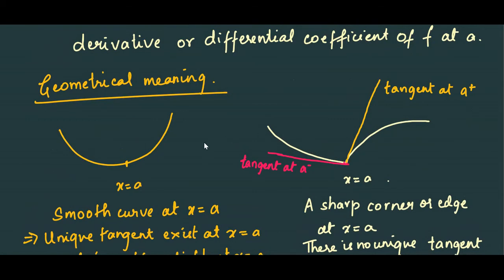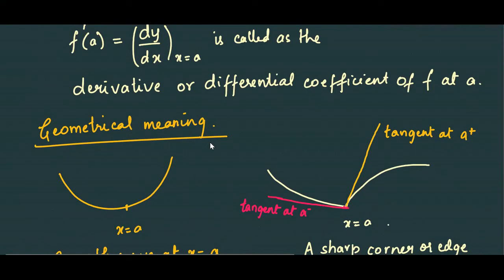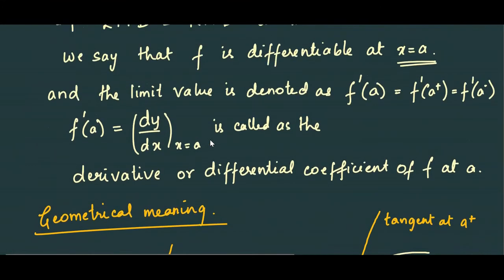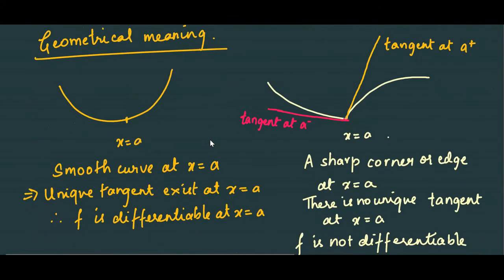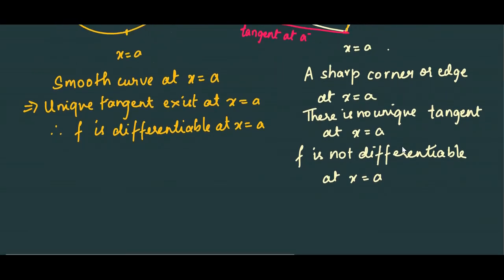Clear? So geometrically, this is the meaning of differentiability. If the function is differentiable, there will be a smooth change in the slope. The curve will have smooth curvature. Whereas if there is a sharp corner, then there will not be a unique tangent, which means the function is not differentiable.